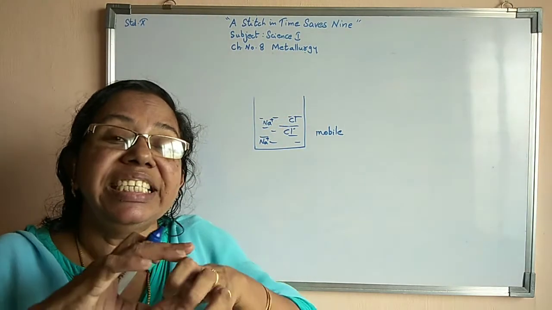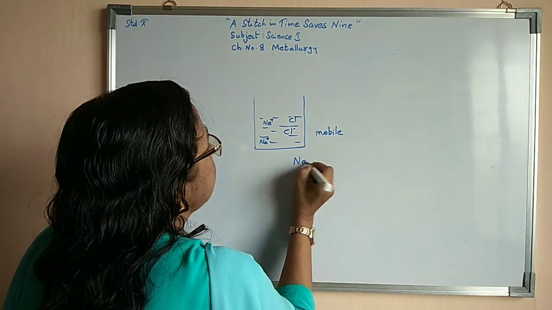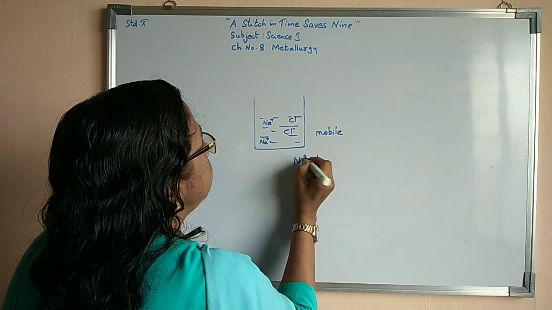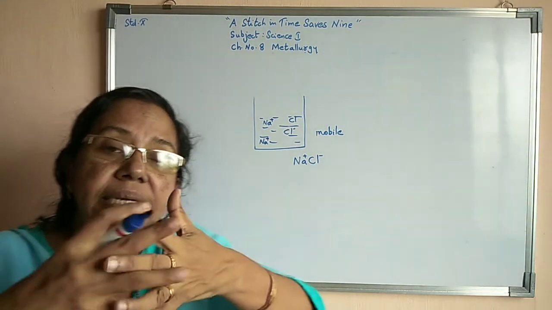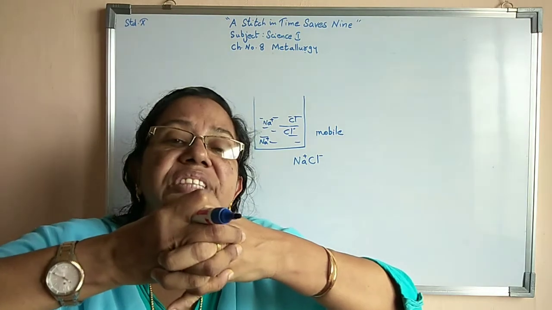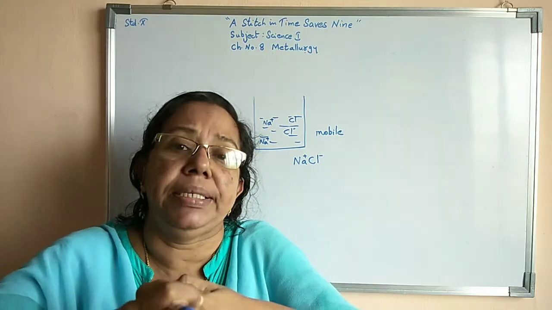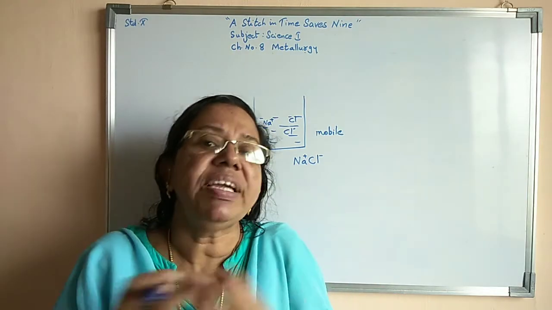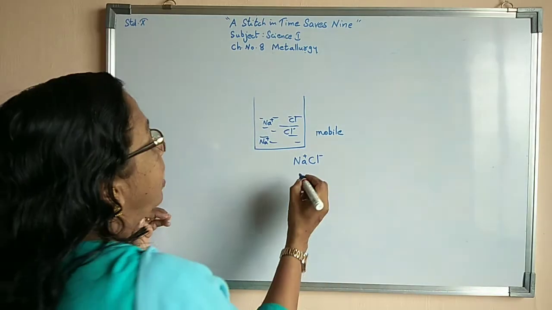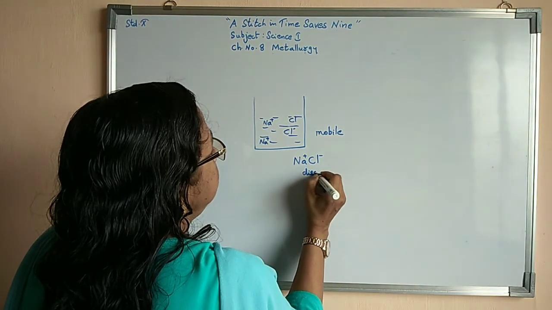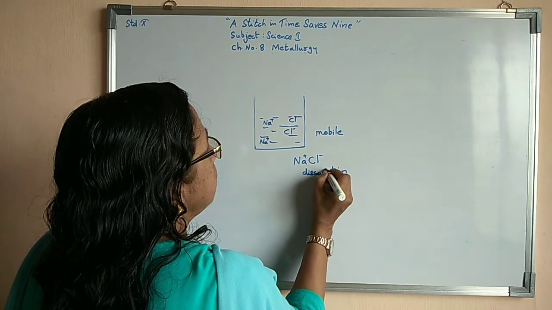So here dissociation happened. Actually, sodium chloride in the solid form is tightly bound with each other. As a result, they do not have any movement. But when it is dissolving in the water, their dissociation happens. What is meant by dissociation? Dissociation means a separation of ions.